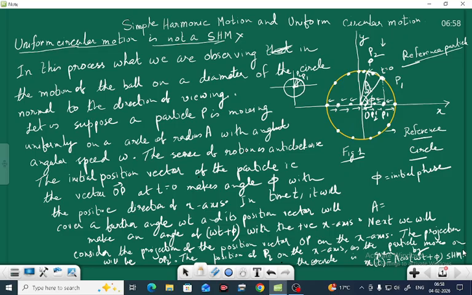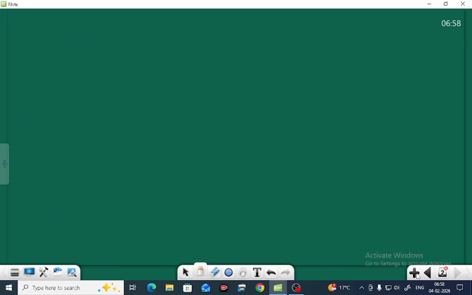So we got the equation x(t) is equal to a cos(omega t plus phi) as the defining equation for simple harmonic motion.